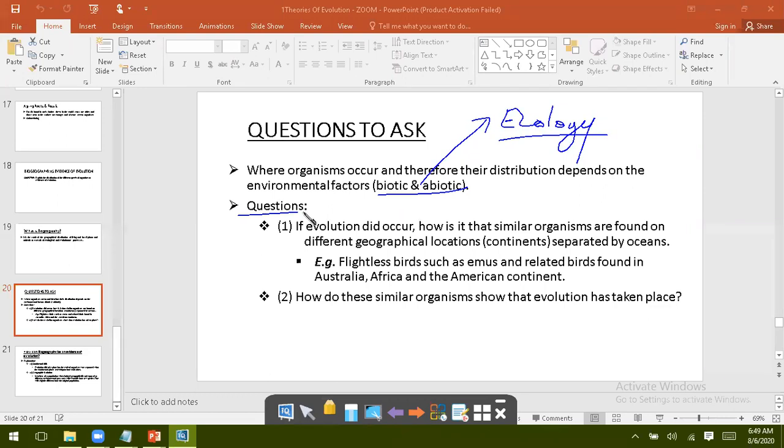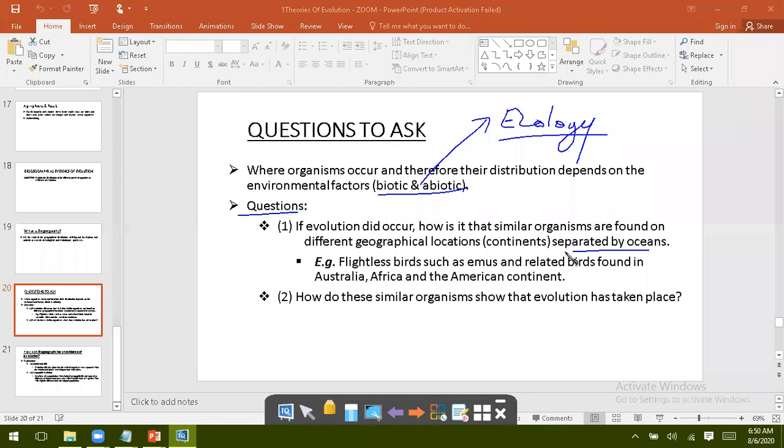Because if evolution has occurred, similar organisms are supposed to be closer to each other in the place where they are located. Because then, if we saw a neighboring organism that is similar to the one that we are seeing, then we'd say, okay, this is the result of evolution, and they're living in the same place.